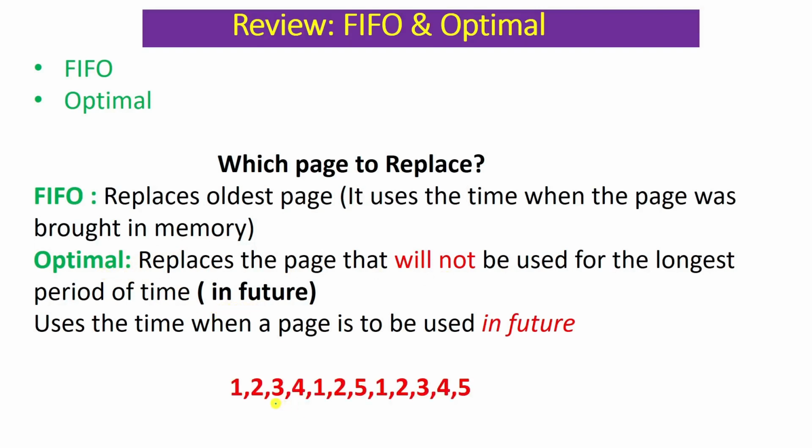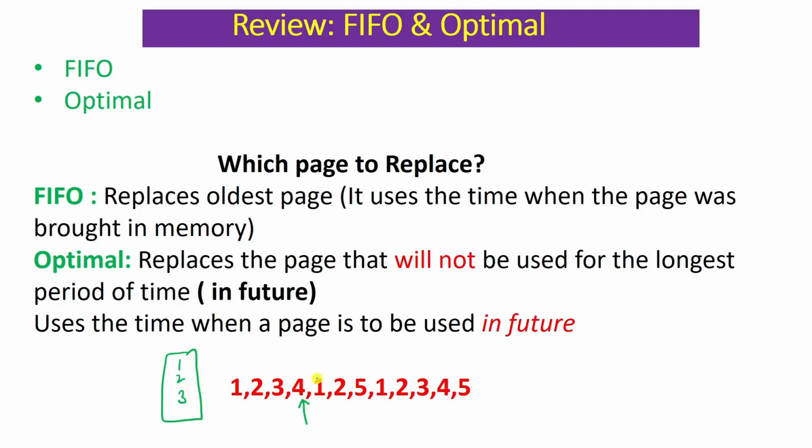In the optimal page replacement algorithm, we saw, let's say we have this reference string, and let's say we have only 3 free frames allocated to this process. So 1, 2, and 3 will be inside those 3 frames, and let's say we are at page number 4 and we have to accommodate 4 inside these 3 frames. Which page should I replace?